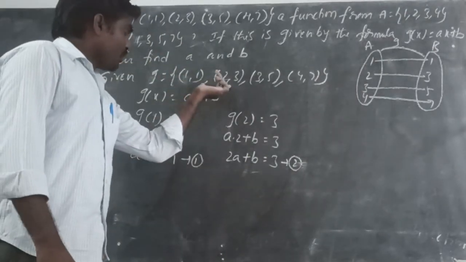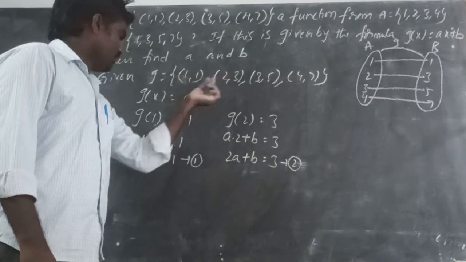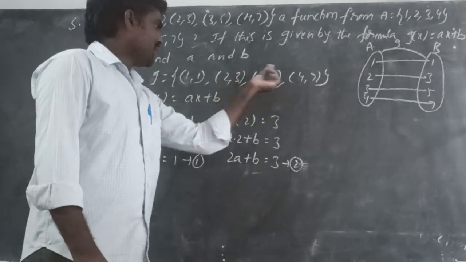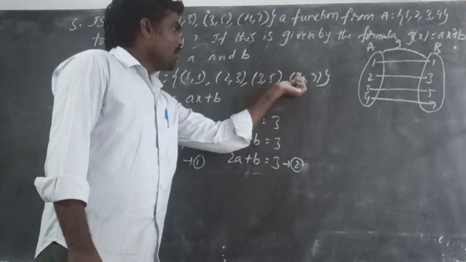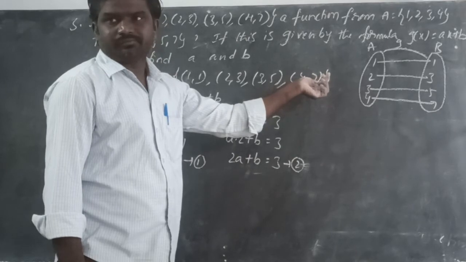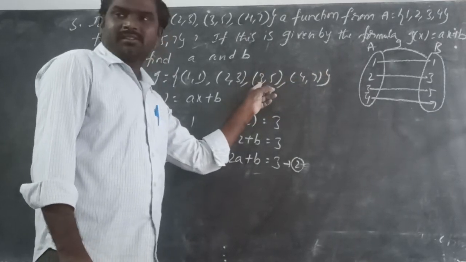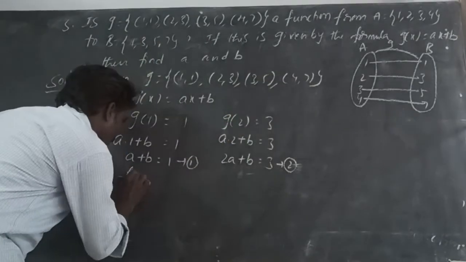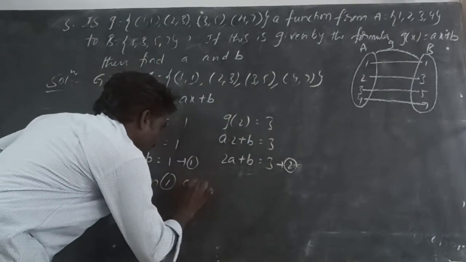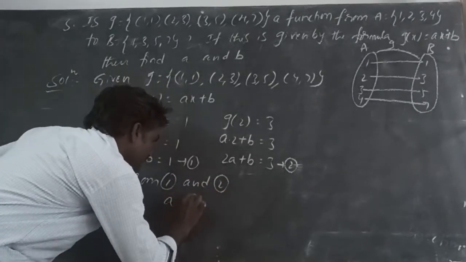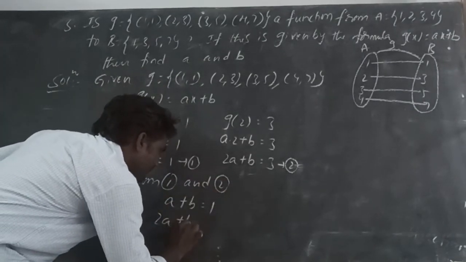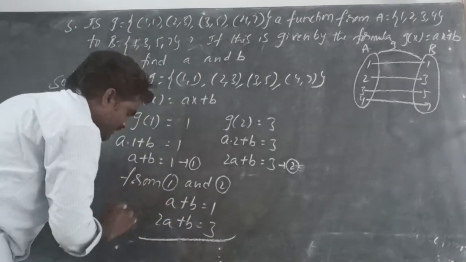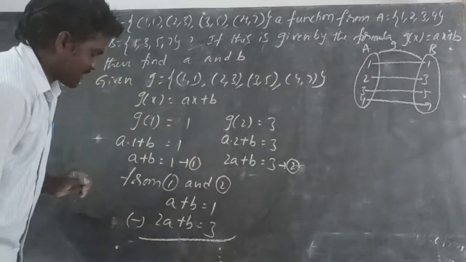From these two ordered pairs 1 1 and 2 3, we get the equations a plus b is equal to 1 and 2a plus b is equal to 3. Similarly 3a plus b is equal to 5 and 4a plus b is equal to 7. From equations 1 and 2, we can eliminate b by subtraction.